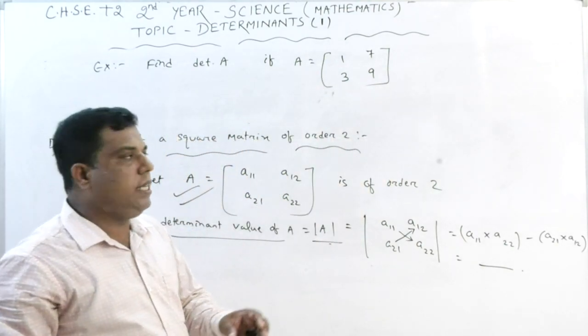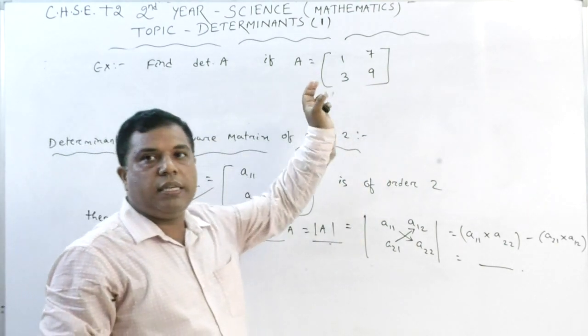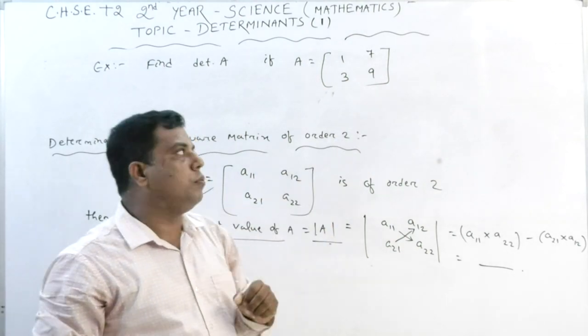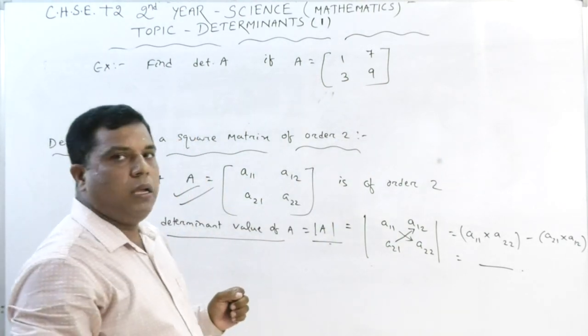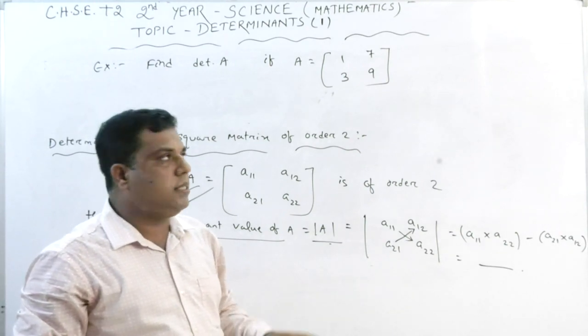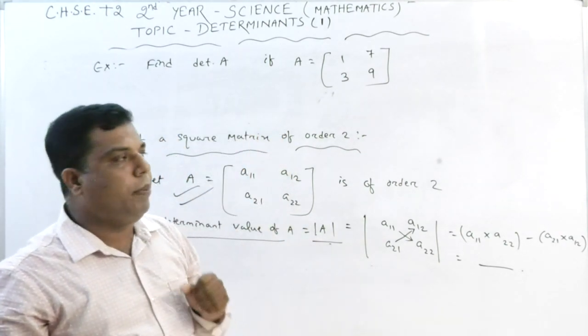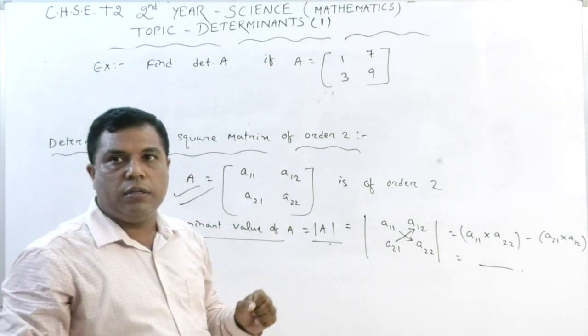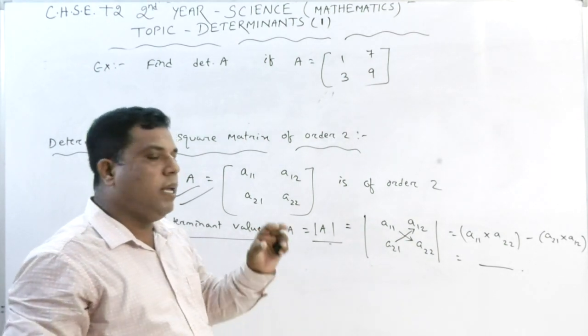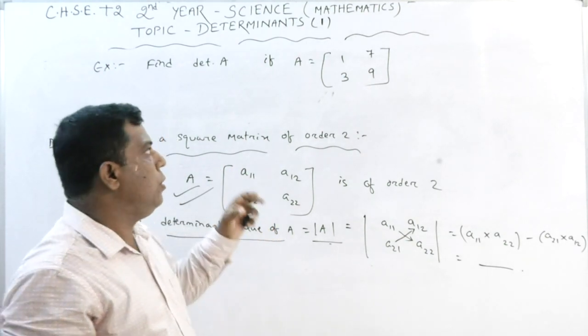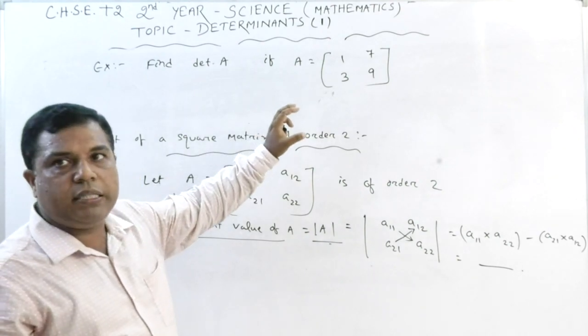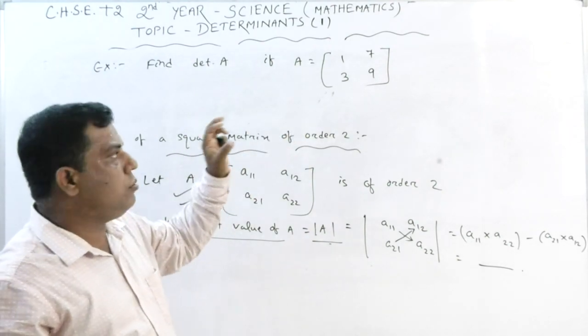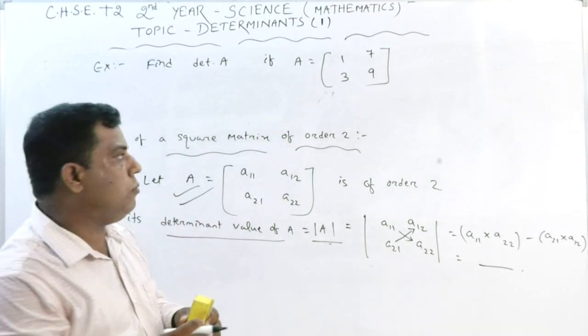So clearly you can see this matrix is a matrix of order 2. So it is a square matrix. Then we can find its determinant value. Otherwise not. If it is not a square matrix, then we can't find its determinant value. So it is a square matrix and it is of order 2. So its determinant value can be found.